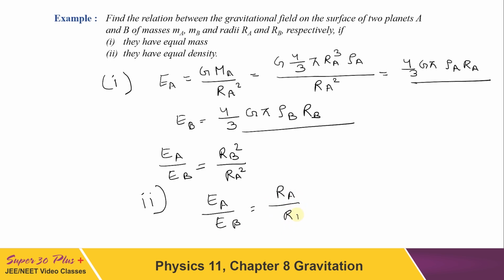As you can see, E is proportional to R if density is constant. So we got these two results. If they have equal mass, the intensity ratio is equal to the square of the inverse of the radii, and if they have the same density, the intensity ratio is equal to the ratio of their radii.